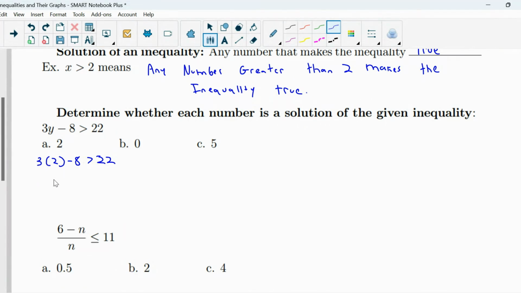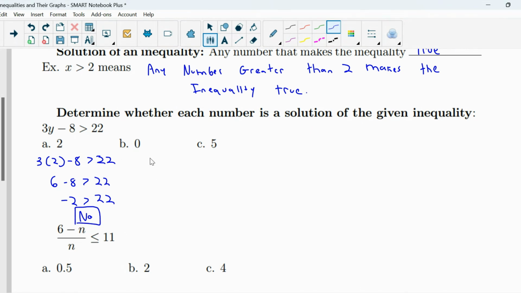Go ahead and solve. 3 times 2 gives us 6, minus 8, greater than 22. This will leave us with negative 2 is greater than 22. Obviously, negative 2 is not a larger number than 22, so this makes 2 not a solution.